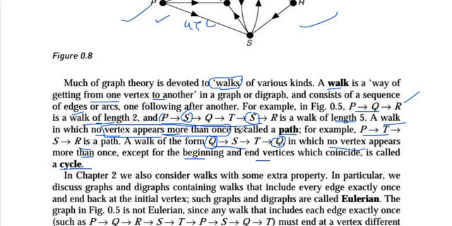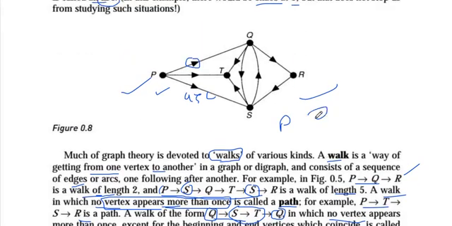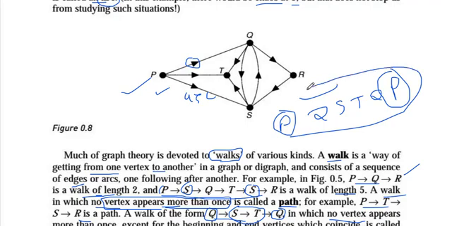In between, no vertex appears more than once. Like, say, if I say P, Q, S, T, Q and again P, we can say that we have started with P and ended with P, but this is not called a cycle.